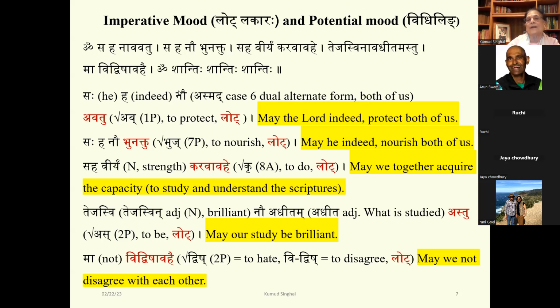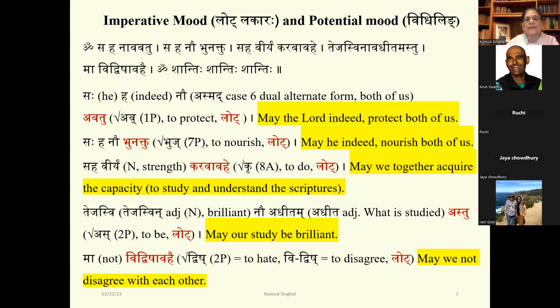It is the dual. Now, remember asmat, in the 2, 4, and 6, it had alternate forms. So nau is the alternate form of the pratipadikam asmat in the case 6 dual. So here it means both of us. Avatu.